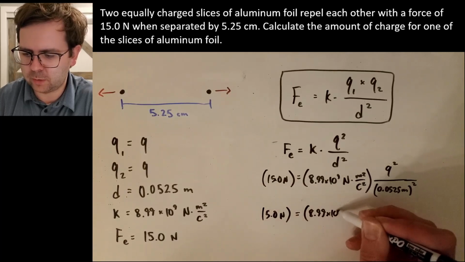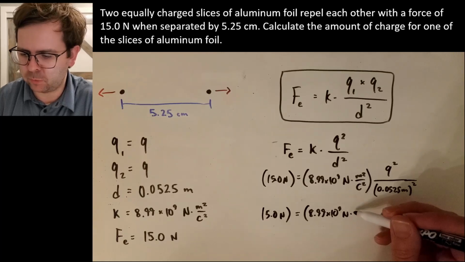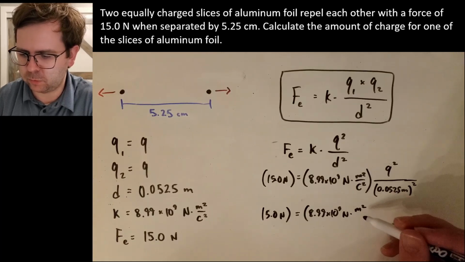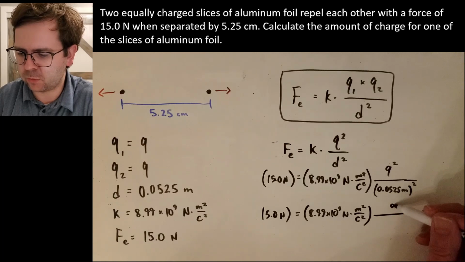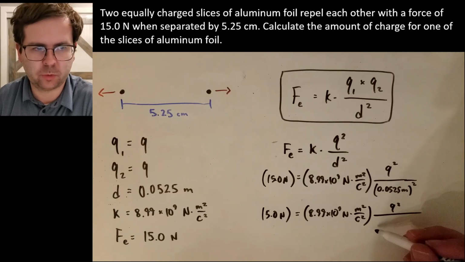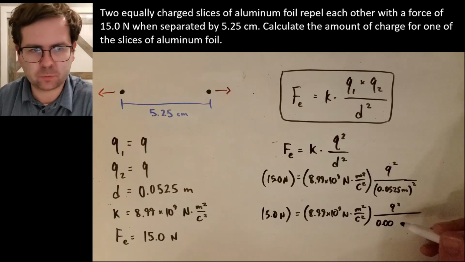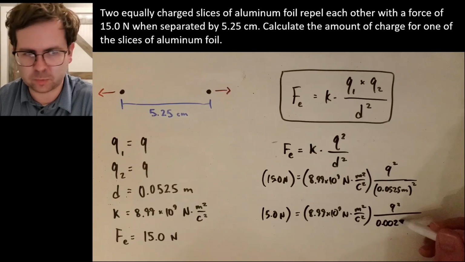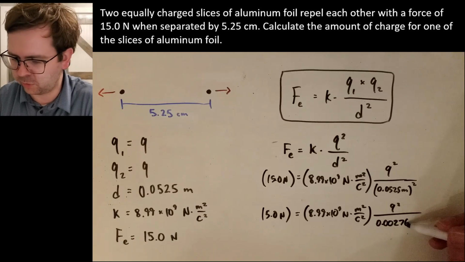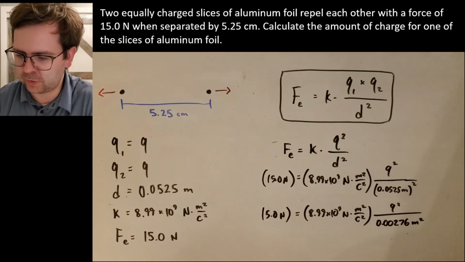So square 0.0525. After doing that, that gives us 0.00276. I could write this in scientific notation, but I don't know if that's any easier, honestly, at this point. So that's the denominator now after it's been squared.